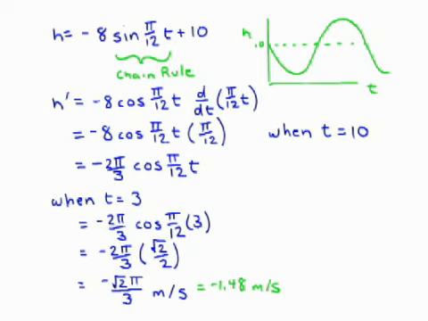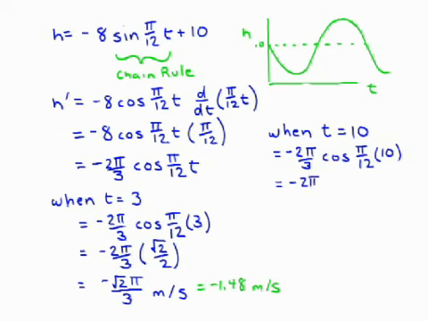When t is equal to 10, you are merely taking the derivative and substituting 10 in for t. 10 times the pi divided by 12 is going to give us a 10 pi divided by 12, which can be reduced to a 5 pi divided by 6. The cosine of 5 pi divided by 6 can be found using your unit circle, and you'll find that it's equal to -√3 divided by 2.